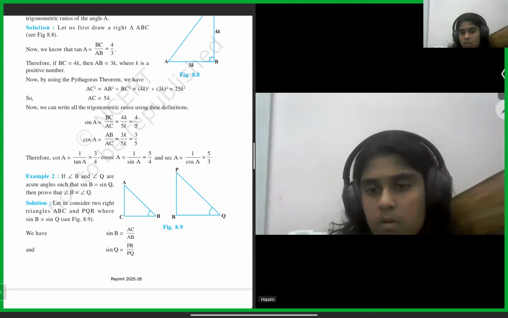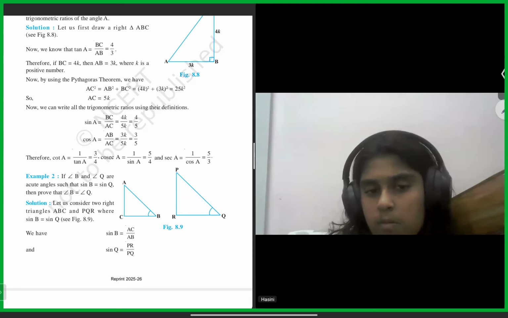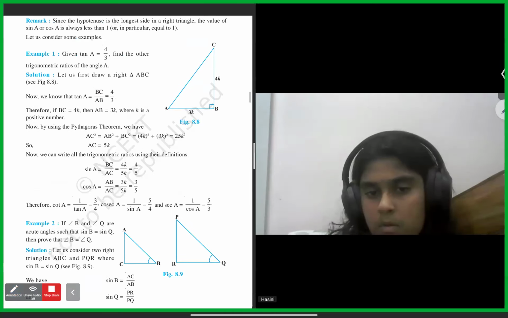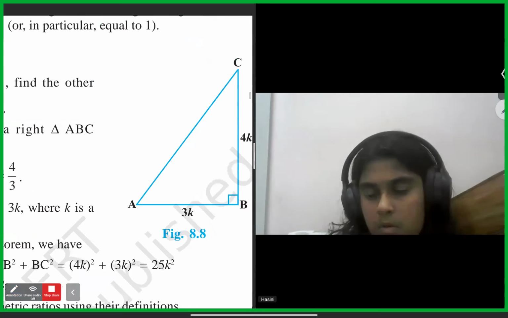So because of that reason, we look at the side opposite to 90°. How do we check it? Let us take this figure. This is 90°.